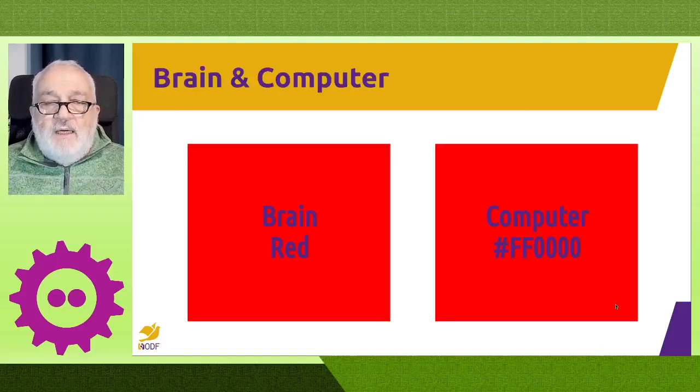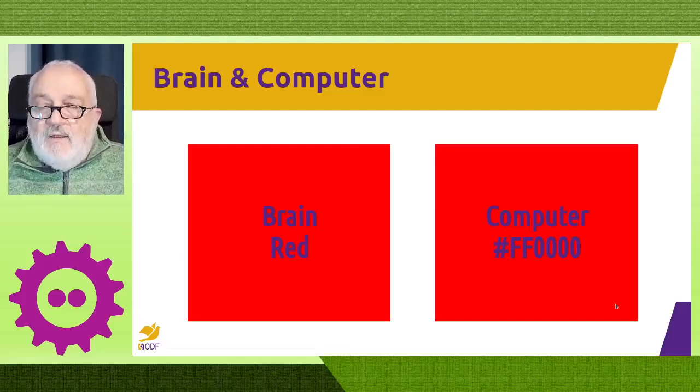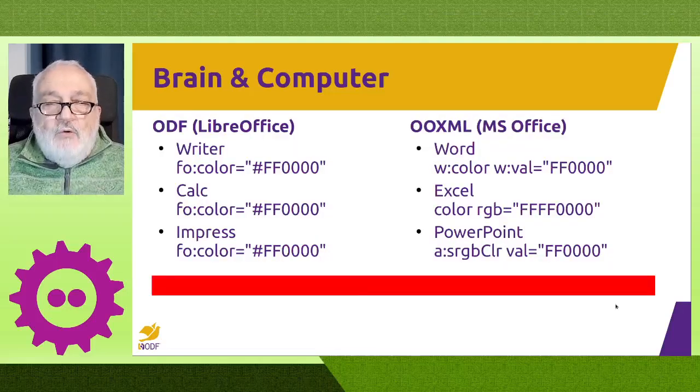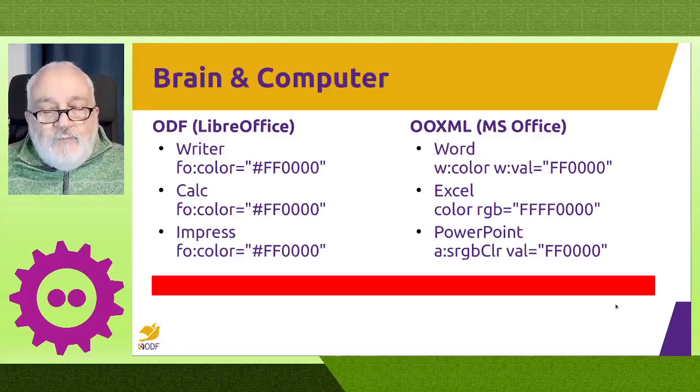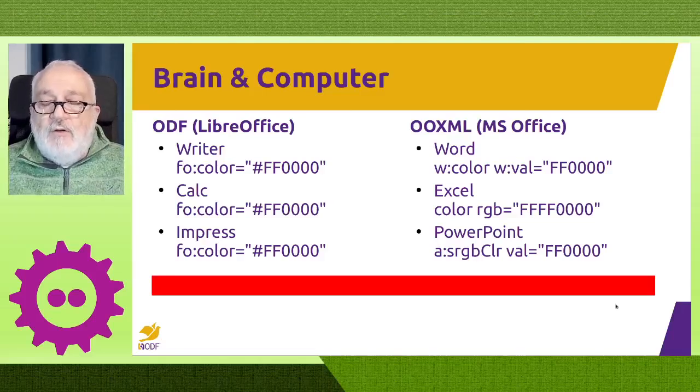Let's make an example. This is how our brain sees red, and the computer calls it with a standard number. Let's now look at how ODF describes that color in three different modules, or three different applications: same consistent way of describing the color, format, color, and the color number.